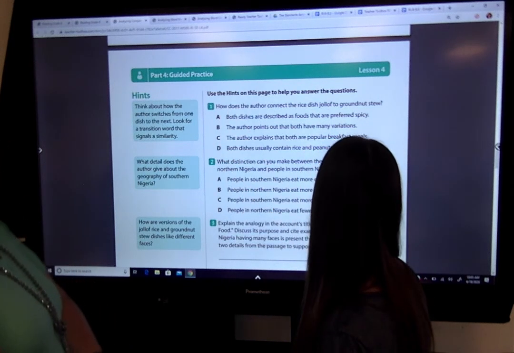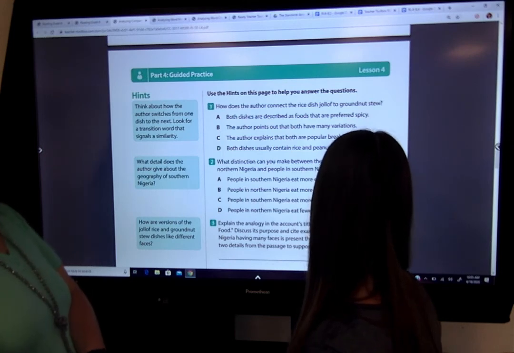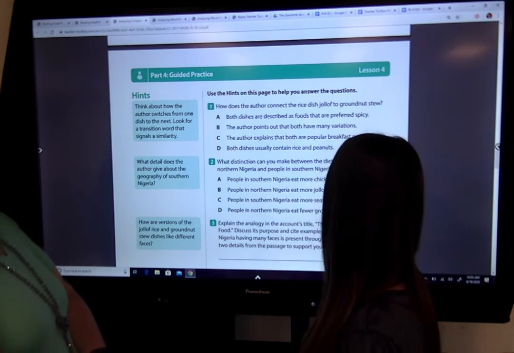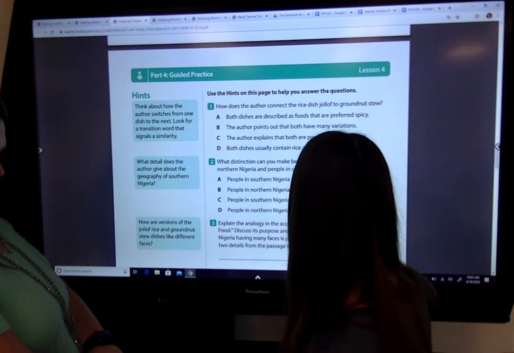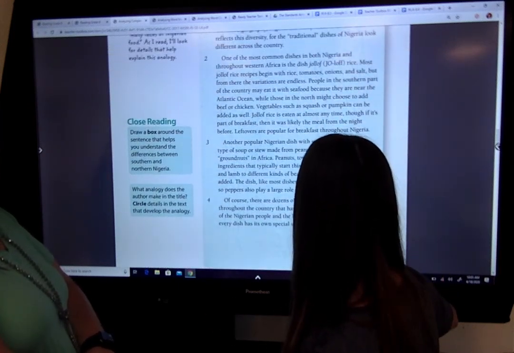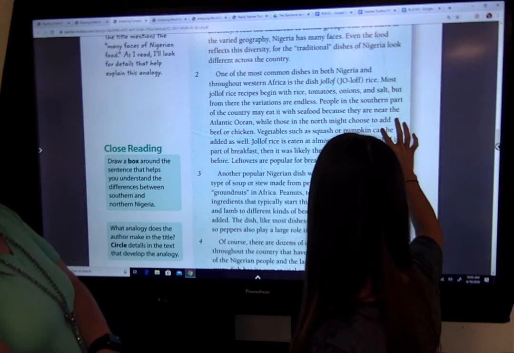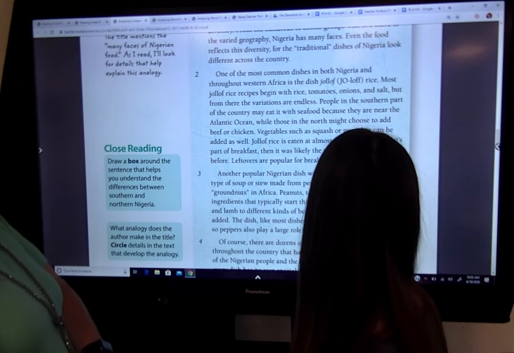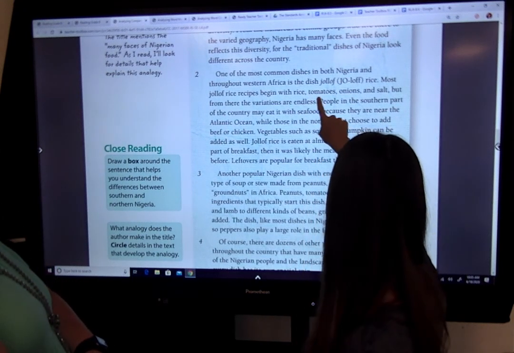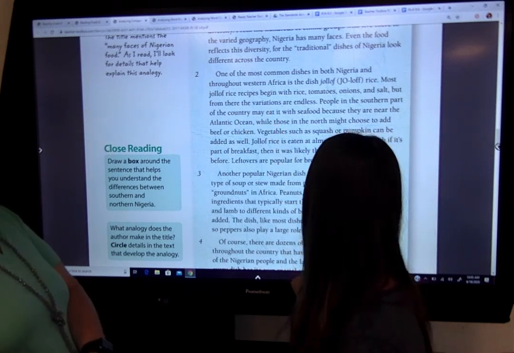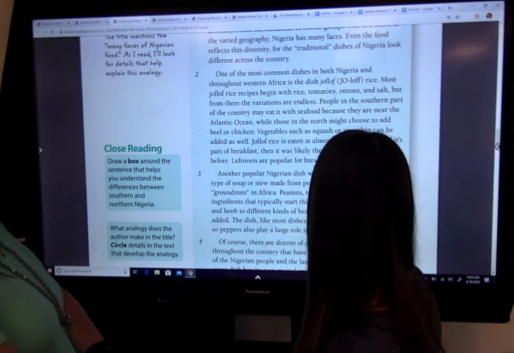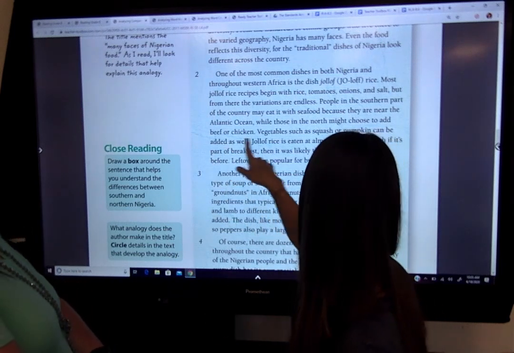The author points out that they both have many variations. Well, we're looking for where they both have variations, meaning they can be used in different ways. So let's go see. Let's look at jollof. Well, it talks about how it can be made with rice, tomatoes, onions, and salt, but then it says the variations are endless. And then it talks about how some would have seafood with it and some would have beef and chicken.